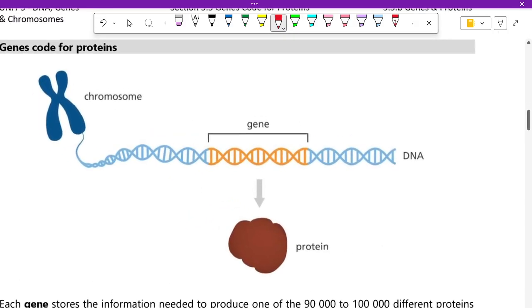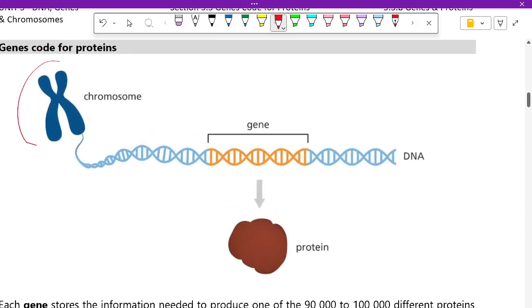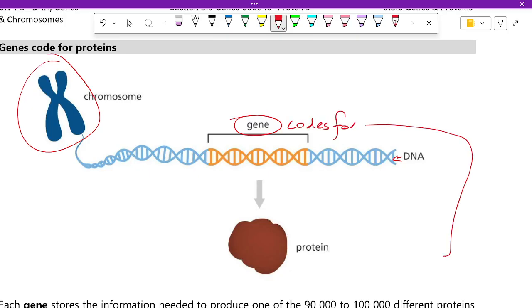So this is a chromosome. This whole bit here is DNA, and a single segment of that is a gene, and the gene codes for the protein.